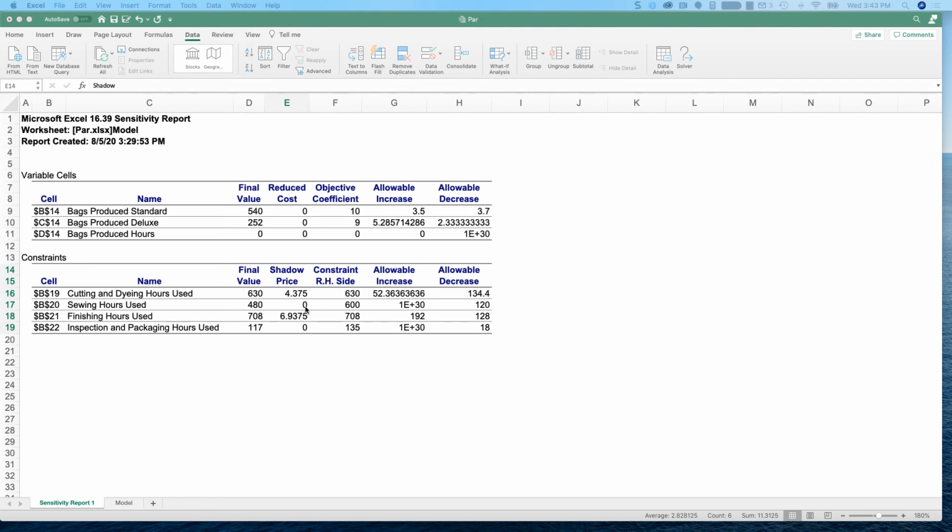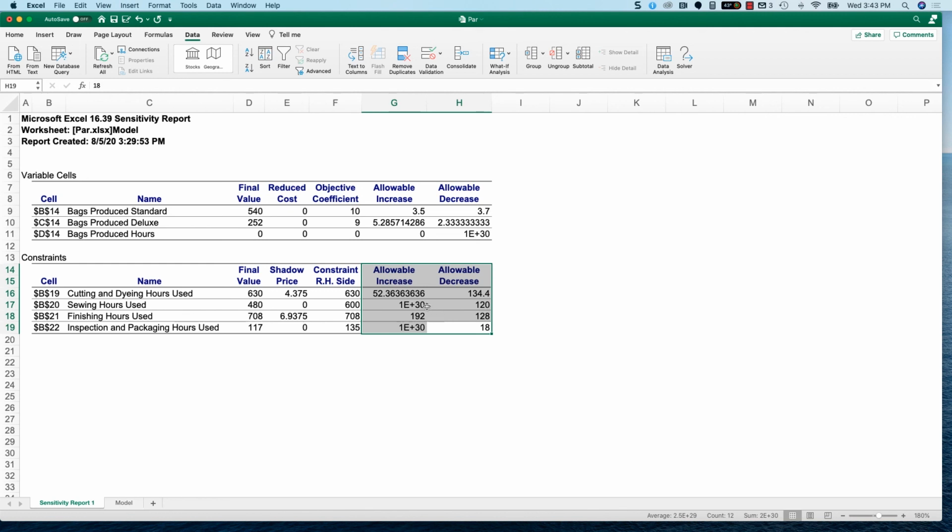Notice that the shadow price is 0 for sewing hours and 0 for inspection hours, which means we can't increase those hours at all. Here are the constraints that we had, and basically we couldn't go over these values. Here are the increases and decreases for each one of those, similar to what we saw with the products being produced.